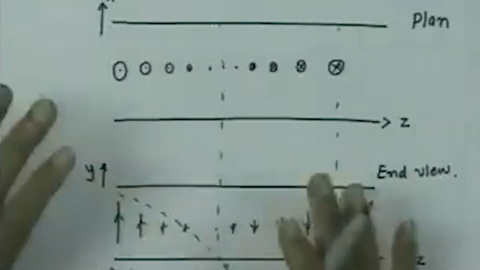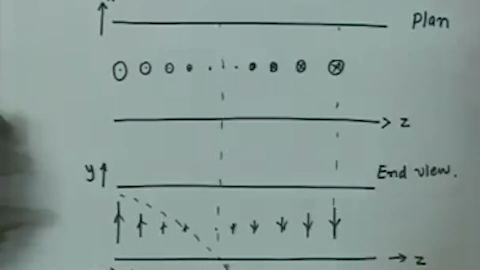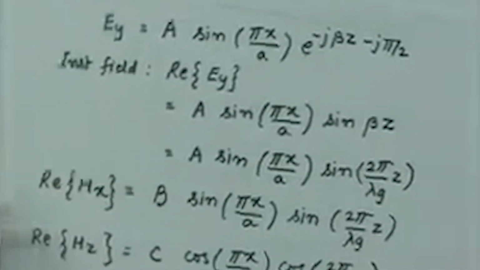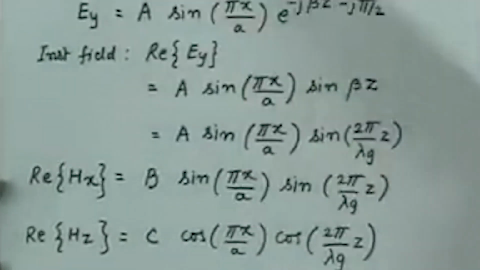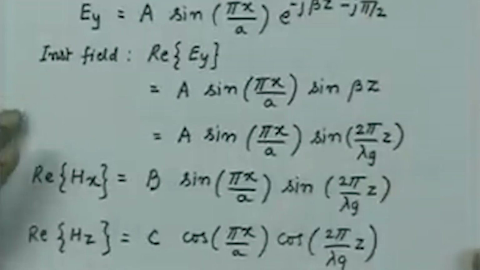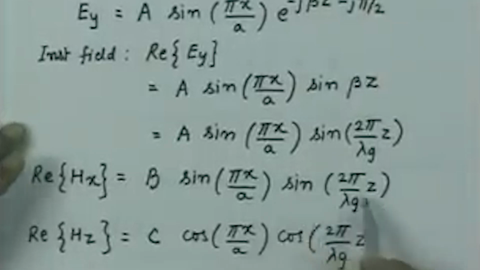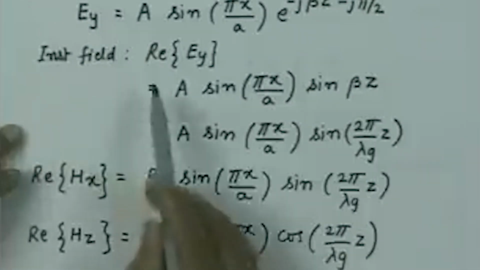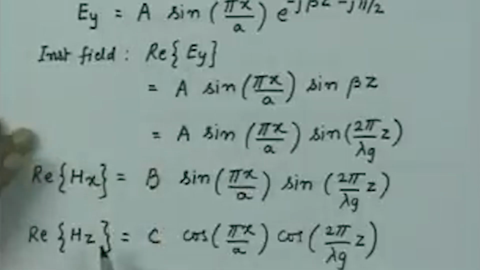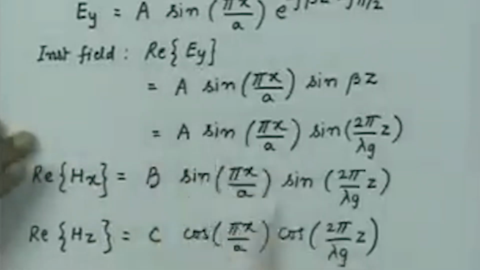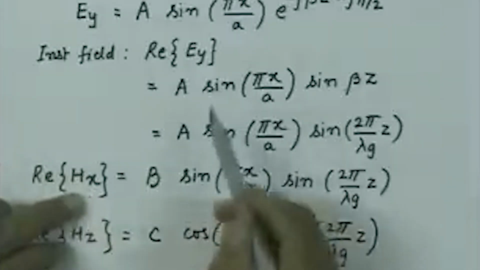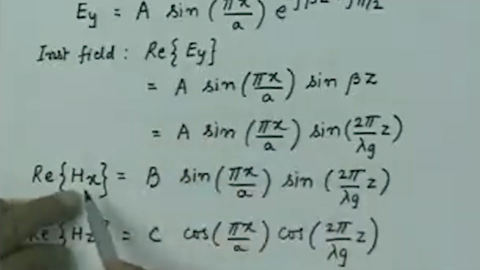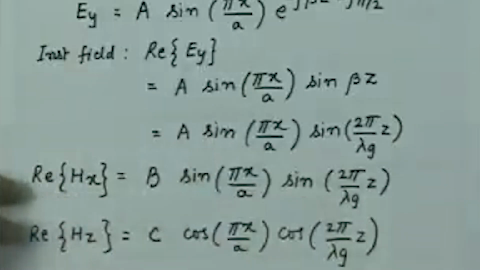The visualization of the electric field is very simple because we have only one component of the electric field, which is y oriented. Same thing we can now do for the magnetic field, and as we have seen in the case of the parallel plane waveguide, it has a variation which is the same as the electric field. That means wherever the electric field is maximum, the x component of the magnetic field is maximum, whereas where the electric field is 0, the x component of the magnetic field is also 0.